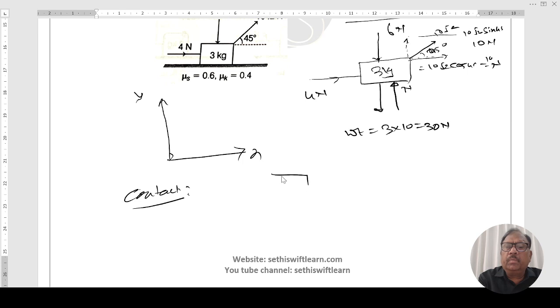What is contact force? Again repeating. This is the surface. Contact force, action, reaction.